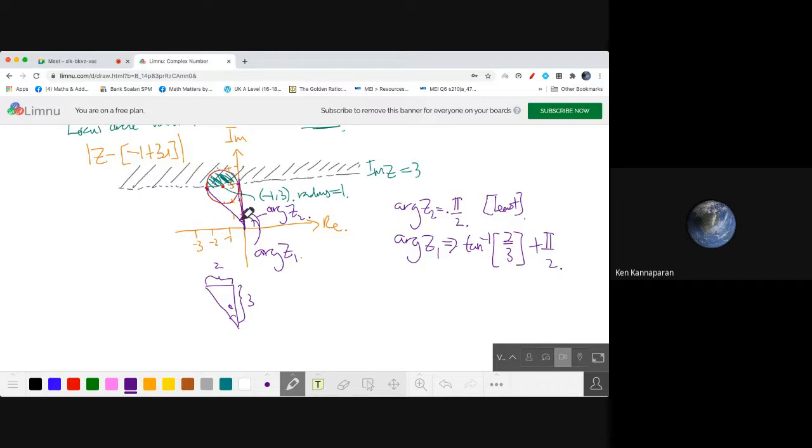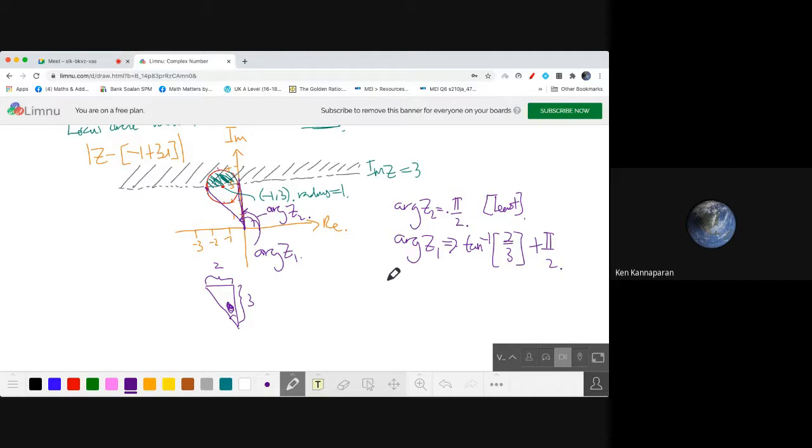Because it's the whole thing up to here. Do you understand or not? Because that's 90 degrees and then plus the theta over here. So it should be the arctangent of 2 over 3 and then another 90 degrees or pi over 2.